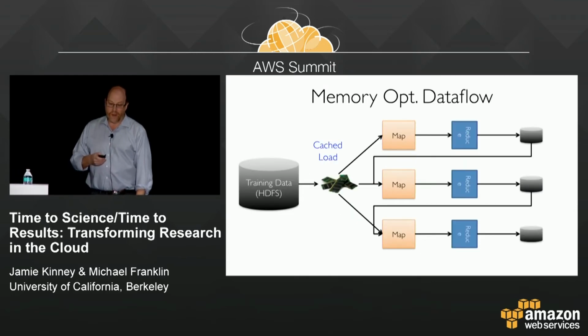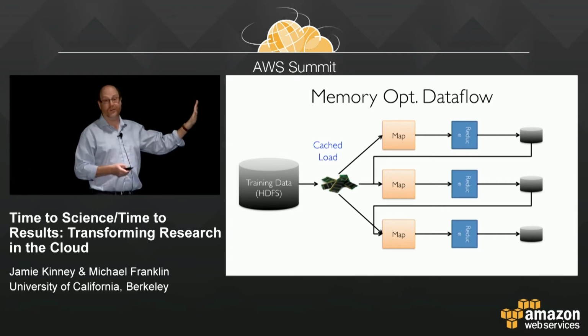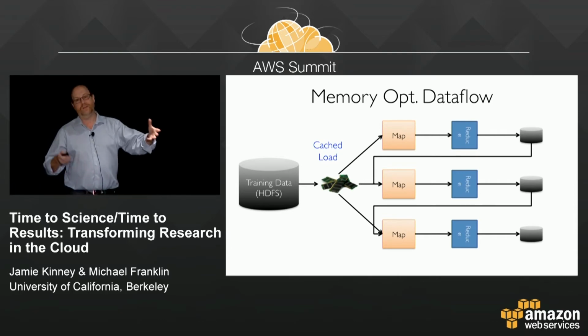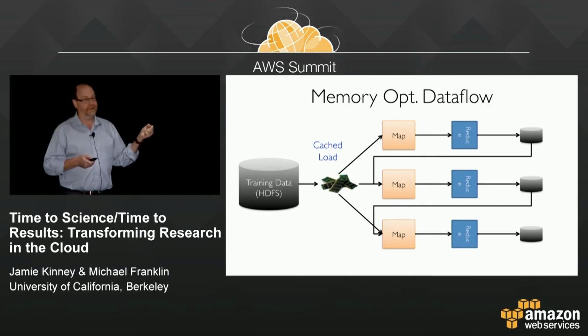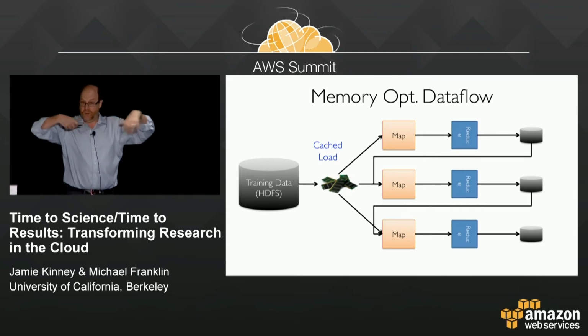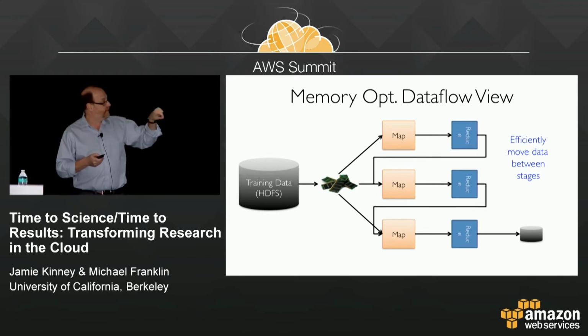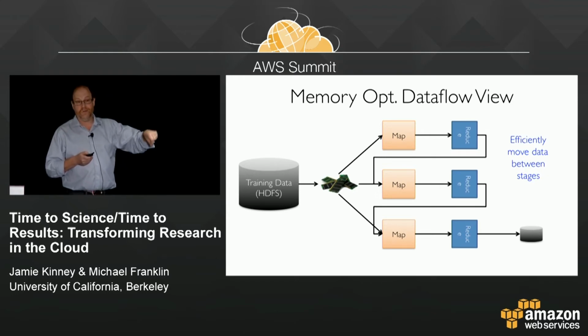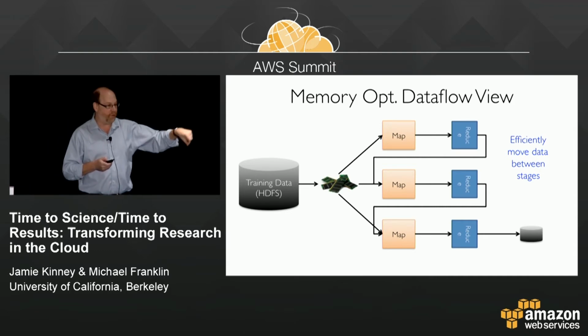And so what we do in Spark is actually pretty obvious once you've seen that that's the problem: we're going to make much more aggressive and efficient use of memory. So what you do is you read the training data into memory and remember where you've put it, okay? And then you allow the different parts of the computation to communicate not through the disk, which is about the slowest way you can communicate on a computer, but through memory.